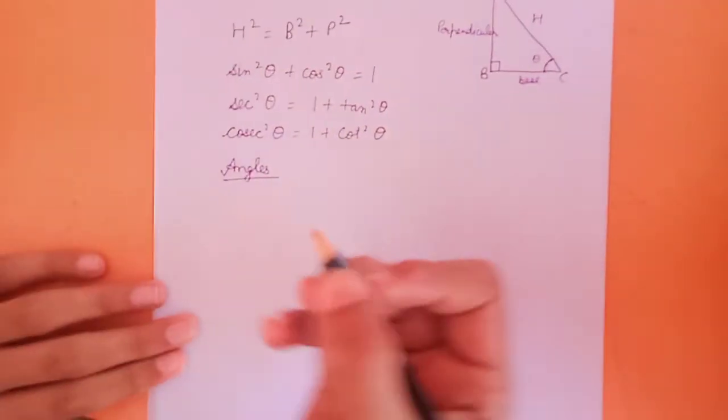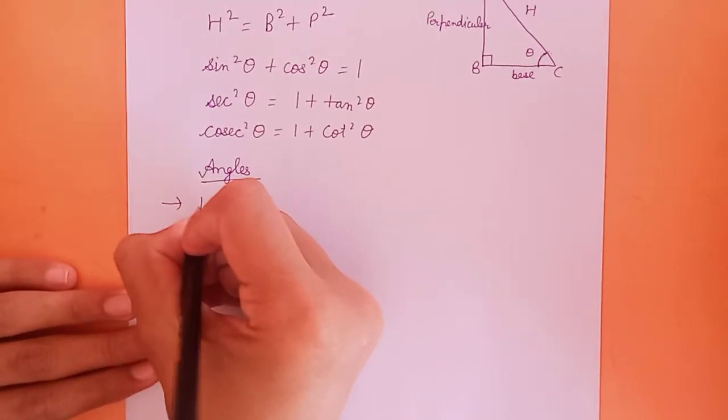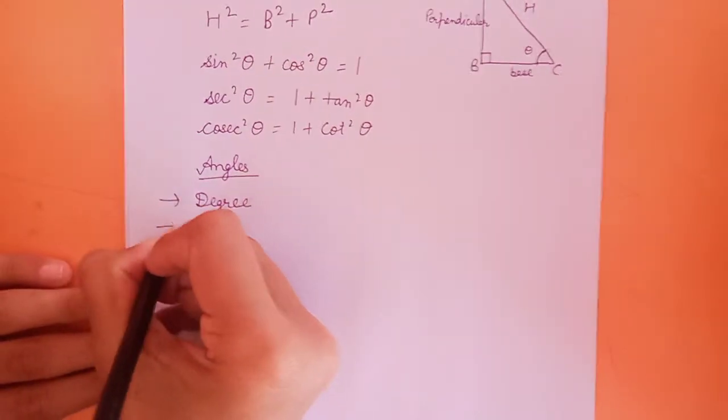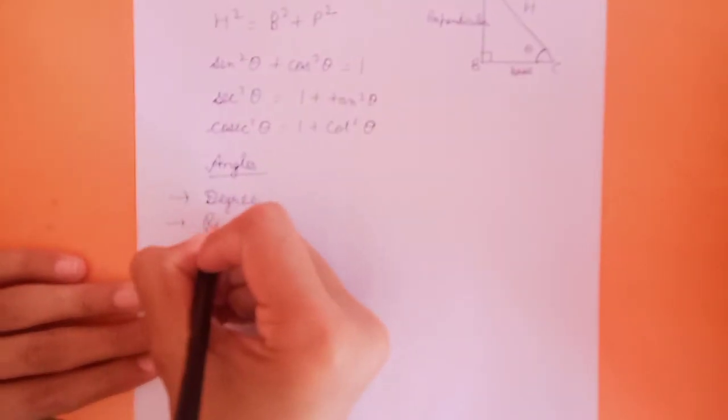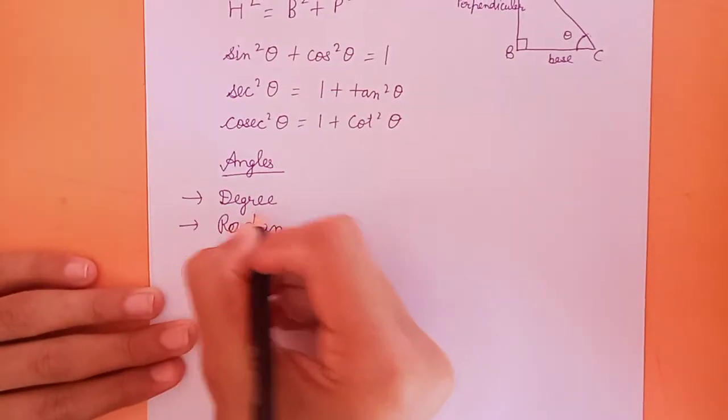Now first of all we will talk about in which ways it is measured. It is measured in 2 ways, degree and radian.